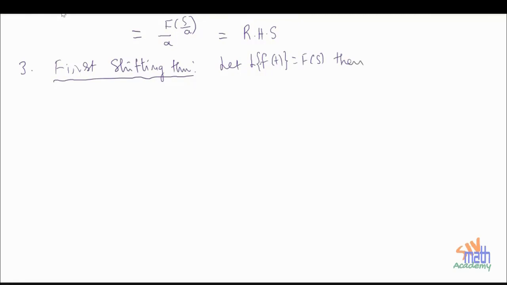Then what you will be getting? L of e power at f of t will be equal to f of s minus a. This is a very important theorem. Sometimes you may be asked, state and prove the shifting theorem. Then you can write. There are two shifting theorems; the second shifting theorem is also there.